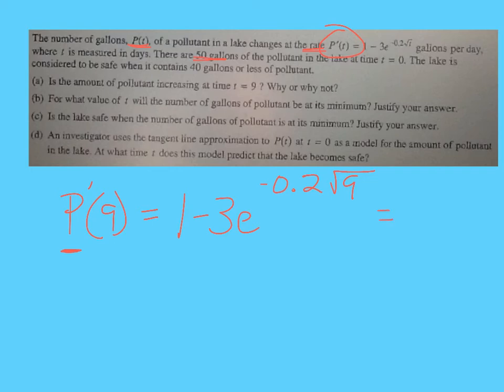When we do that, we actually get negative 0.646. So that is less than 0. Clearly, we are decreasing at this time. So the question says, is the amount of pollutant increasing?